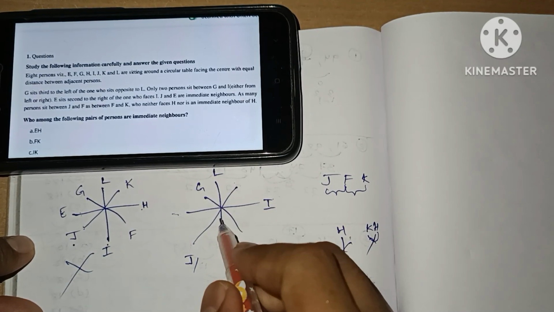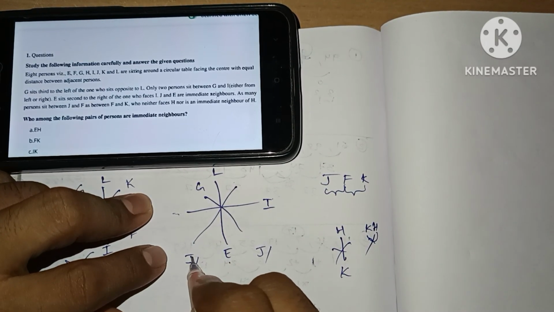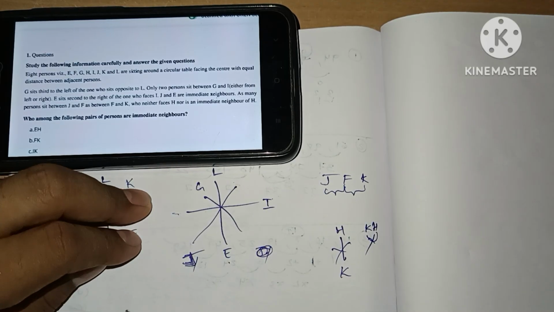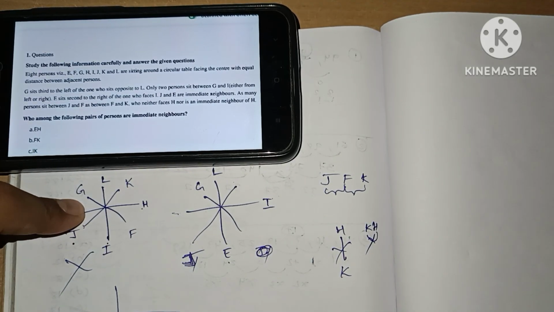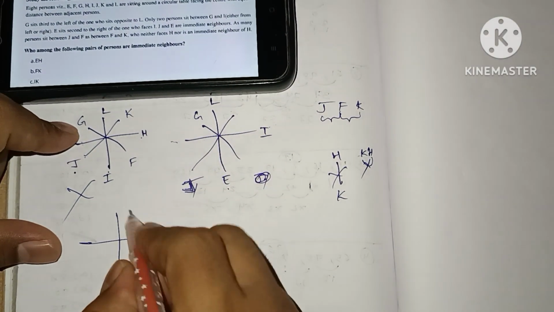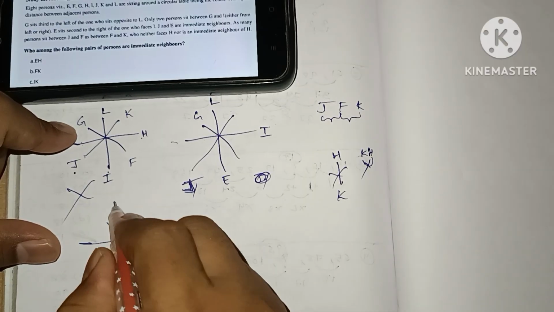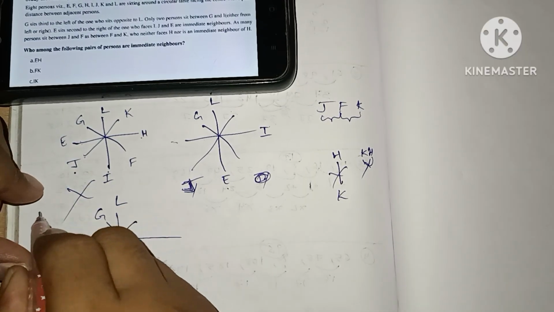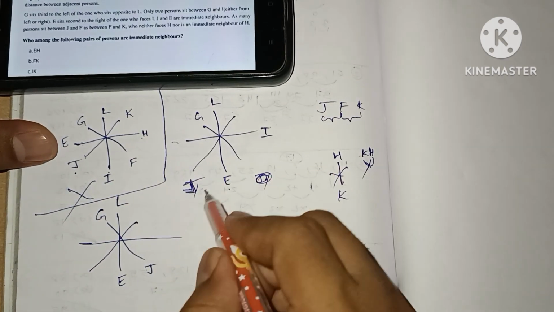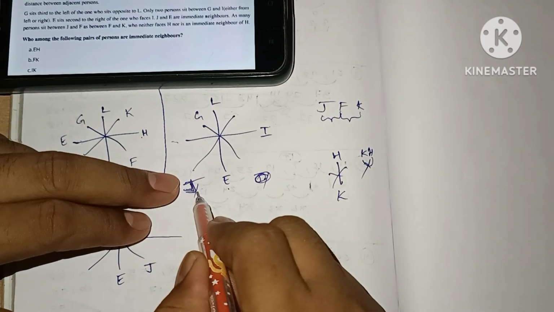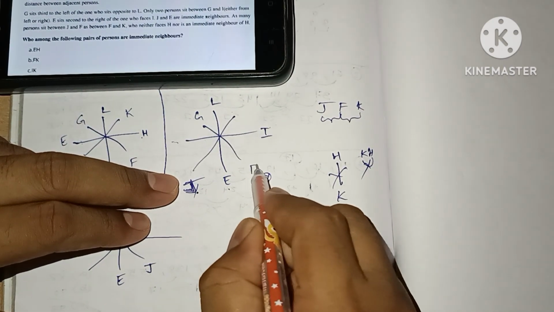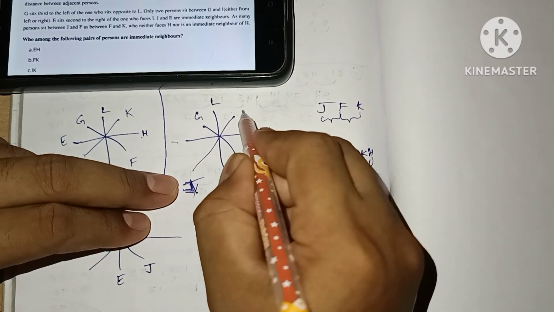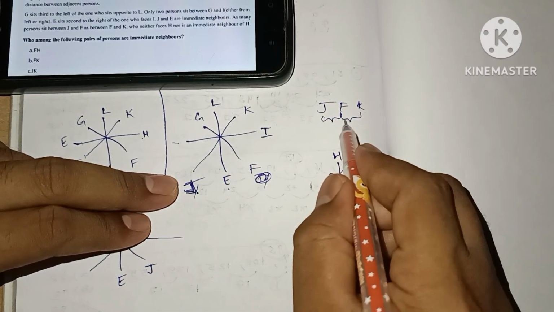So we have two more cases. Let's take J here. And one more possibility we have is L, G, E and J here. So if we have J here, we take F here and K here according to this one.